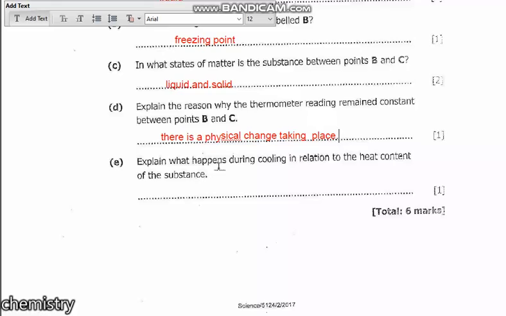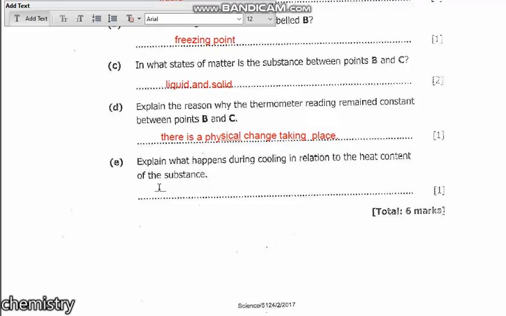Explain what happens during cooling in relation to the heat content of the substance. What they are saying here is, what happens to the heat of a substance when a substance is cooling? Now remember that cooling is coming from liquid to solid. So what happens? A substance has to lose heat so that the particles can come together and form a solid.